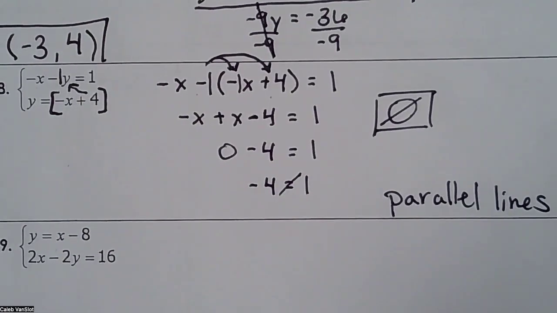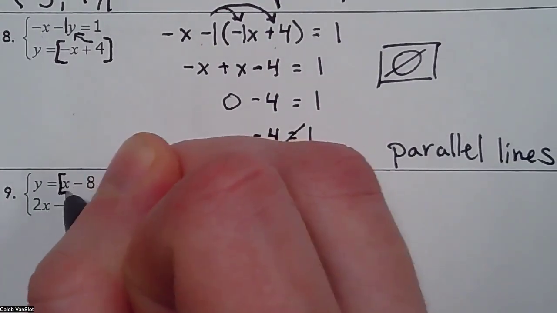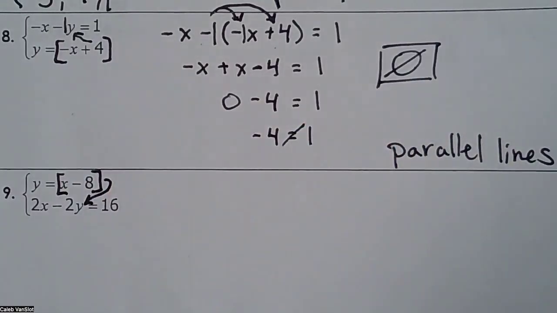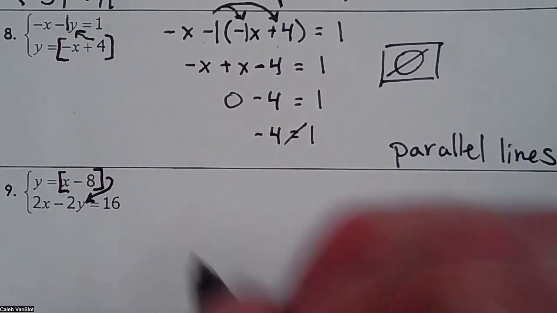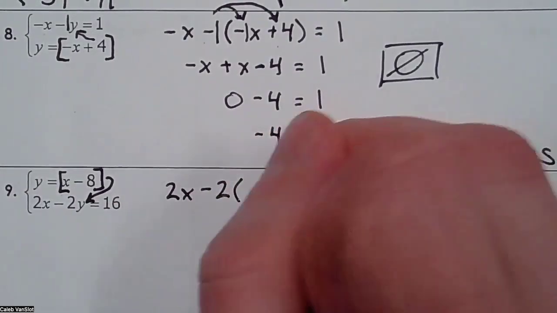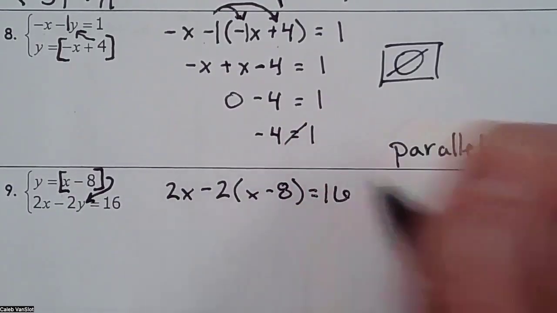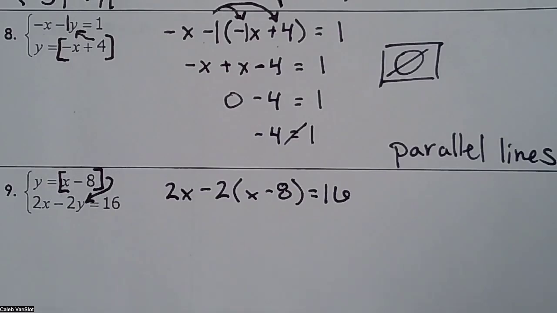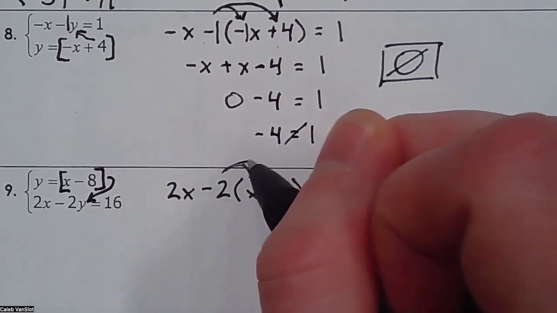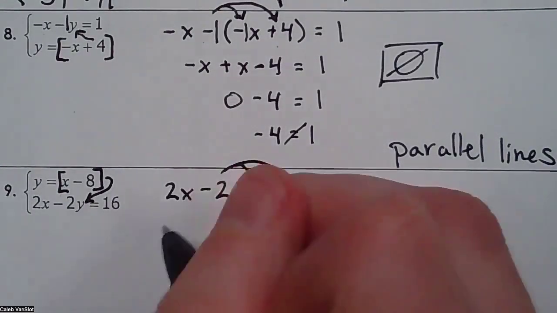Okay, and this last one here, does everybody see that we have y equals right here on top? So what we're going to do is plug that in for our y right there. So we've got 2x minus 2, and instead of y, I'm going to write x minus 8, because that's what I substituted in. We can multiply that negative 2 into each of our terms.